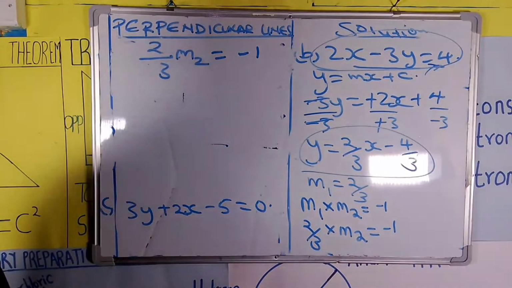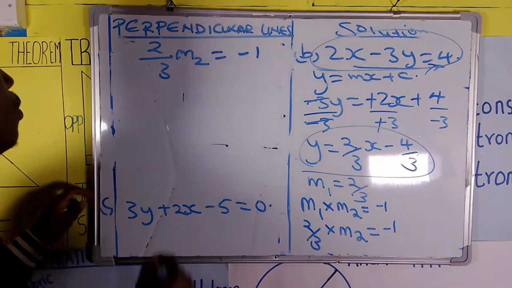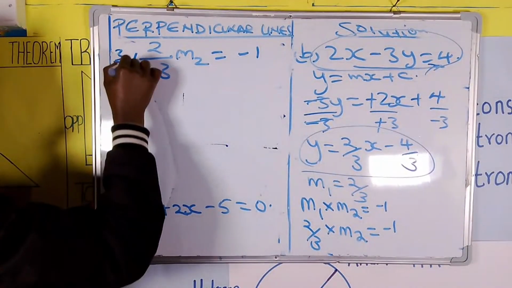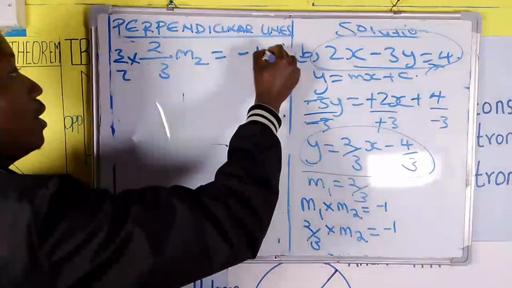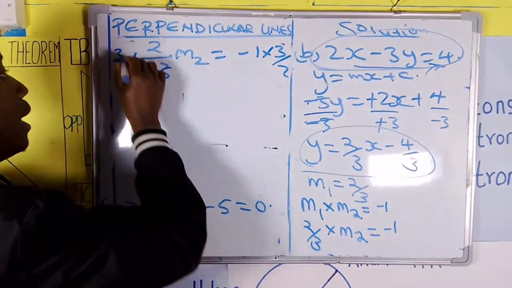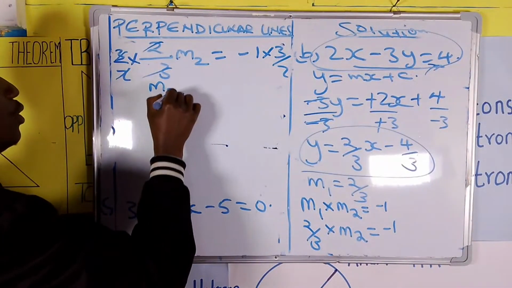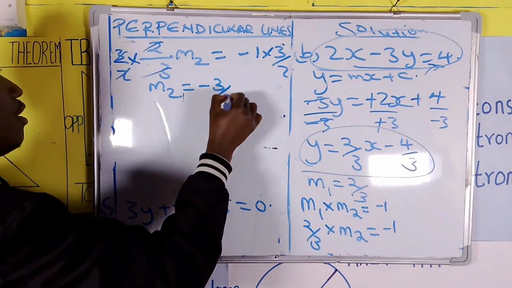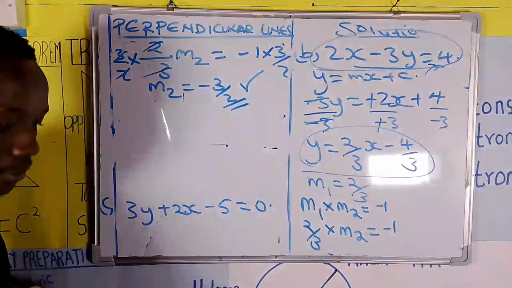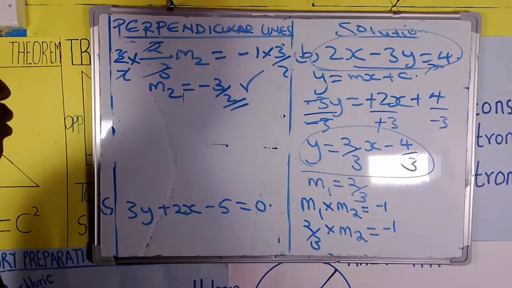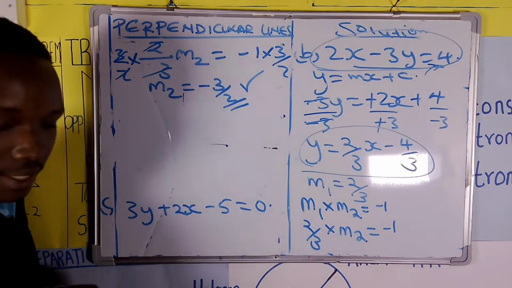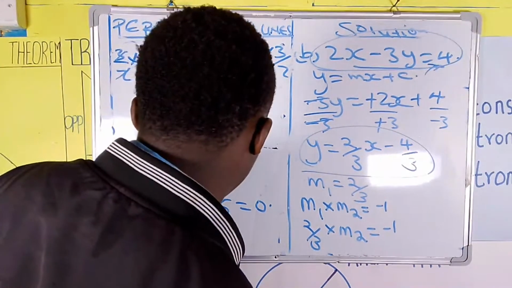So for us to be left with m2, we will multiply both sides by the reciprocal, which is 3 over 2, and we'll end up getting our m2 as negative 3 over 2.